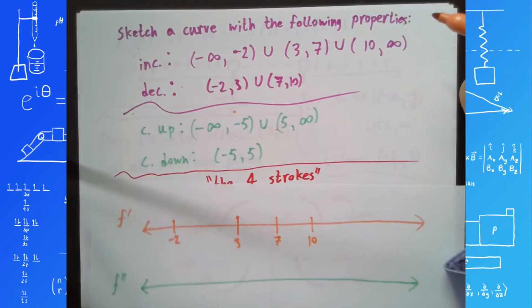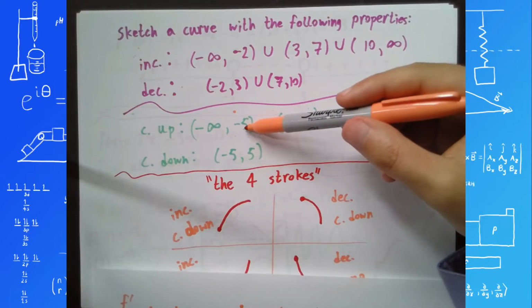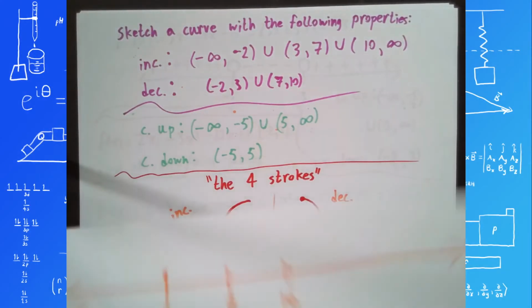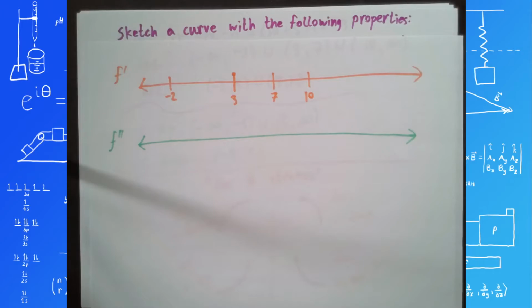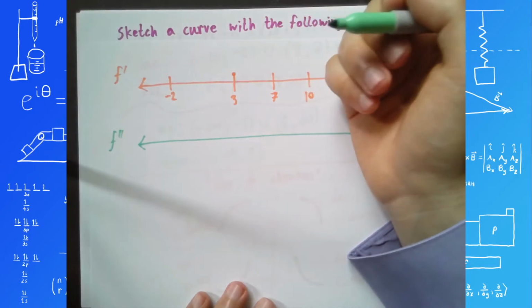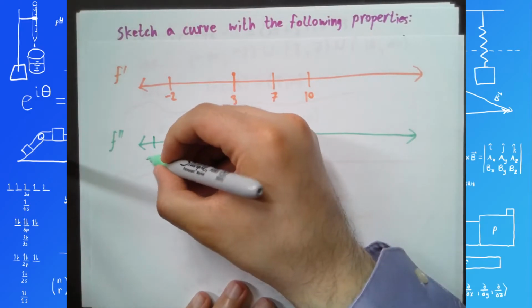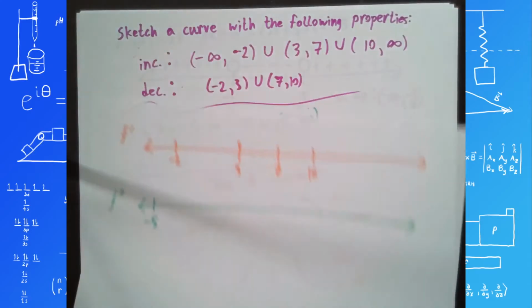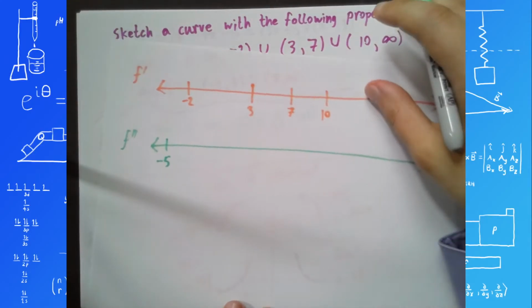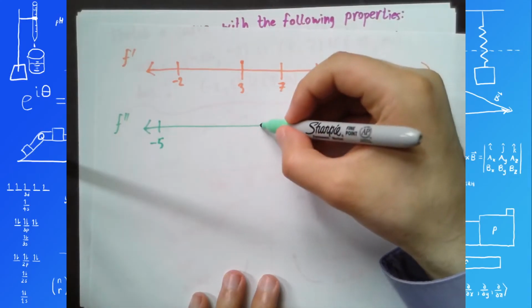And then for the green number line, points of interest include -5 and 5. So I want -5 to be... Oh, yeah, I didn't... Okay, fine. -5 goes here then. And then +5 is going to be somewhere between 3 and 7.